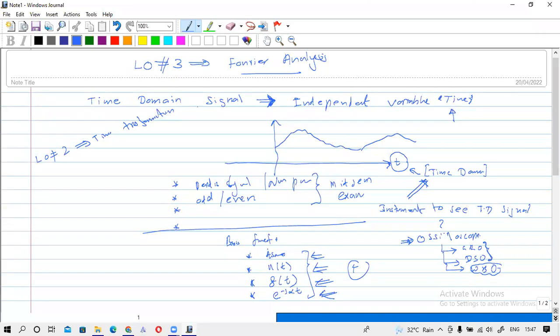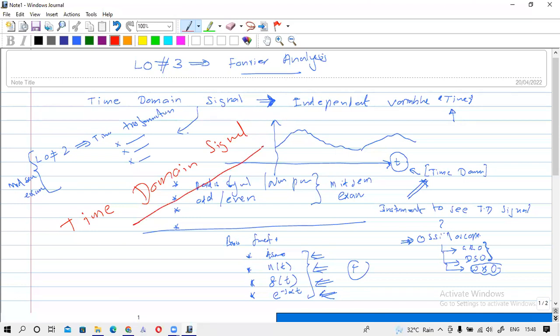Under time transformation, you have studied several techniques, and here you will get one question for the mid-sem exam. So you can see that up to now we have dealt with time domain signal.